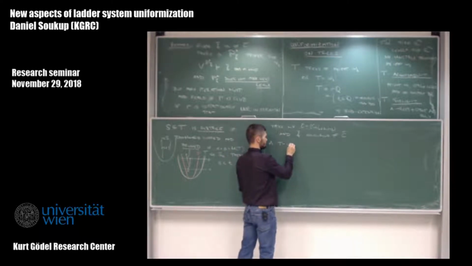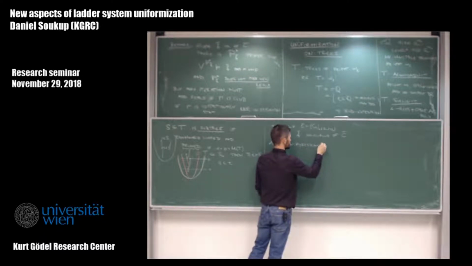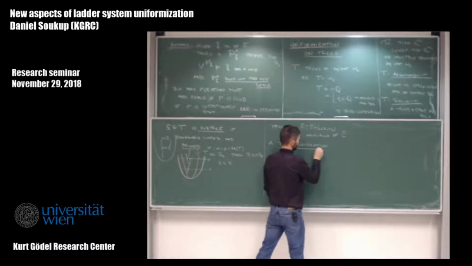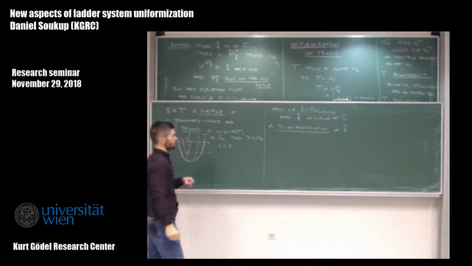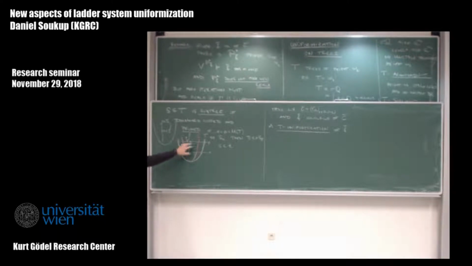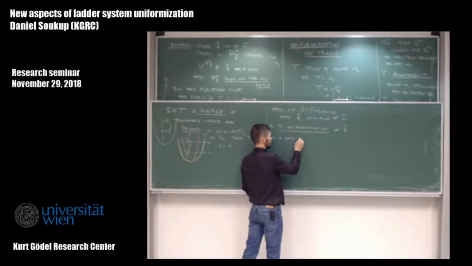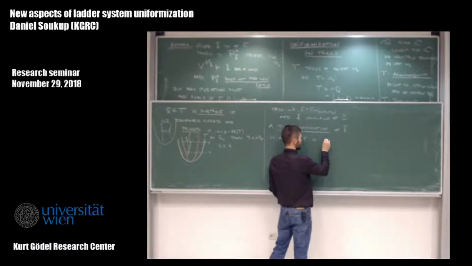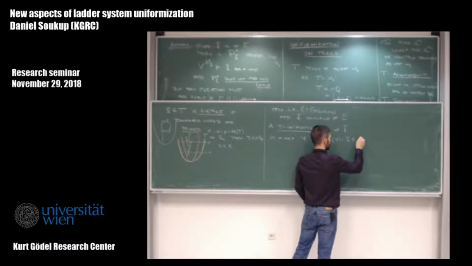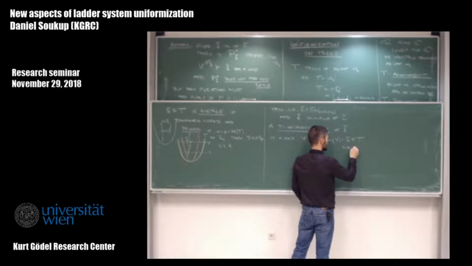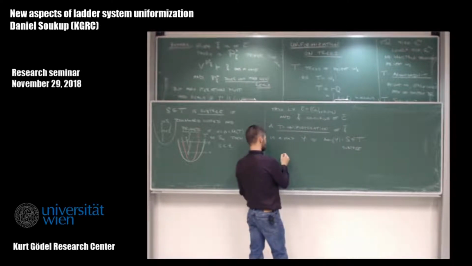A T-uniformization of this coloring should be a global map, not on omega 1, but on a subtree of T. It is a map phi with the domain of phi being a subtree of T with the following property.